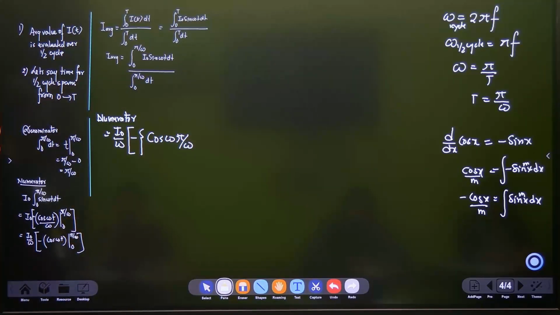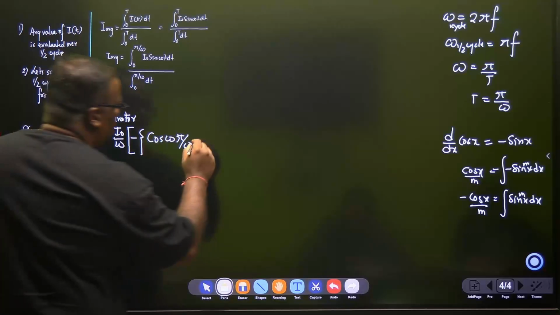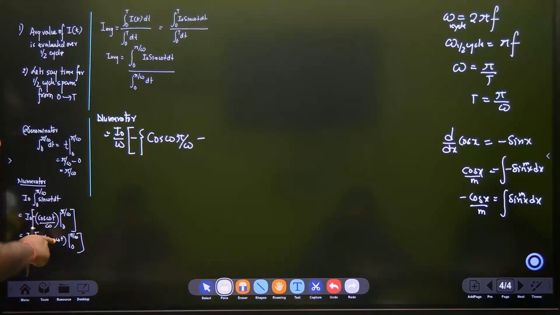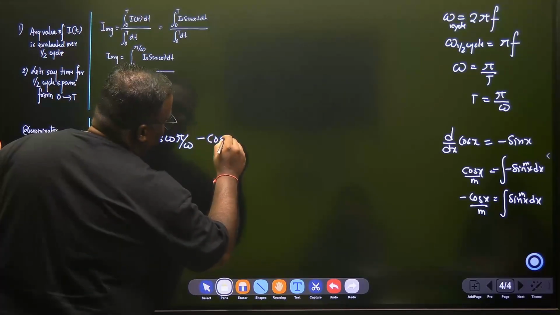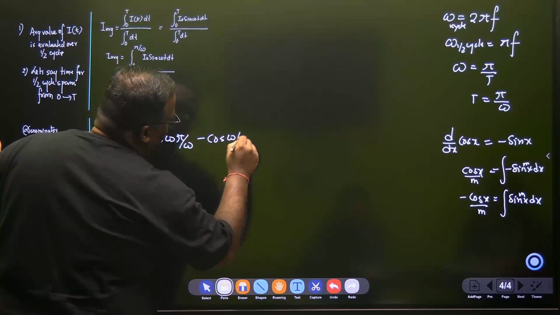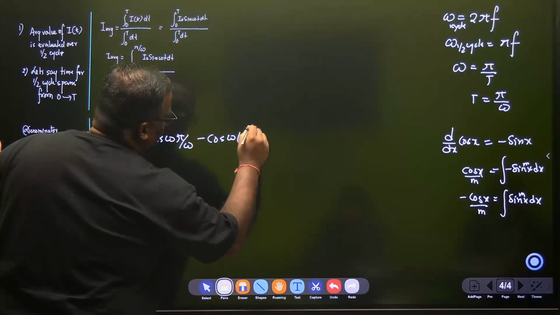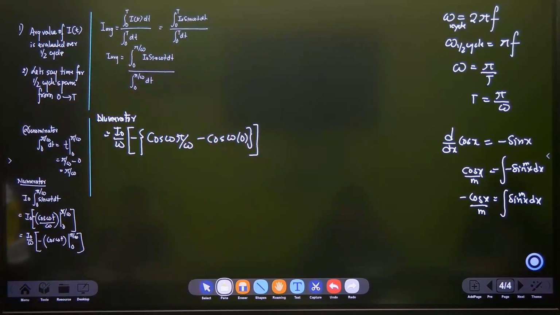Clear? This minus cos, and instead of t, I will write 0, which is cos omega into 0. Upper limit minus lower limit. Pretty fine?